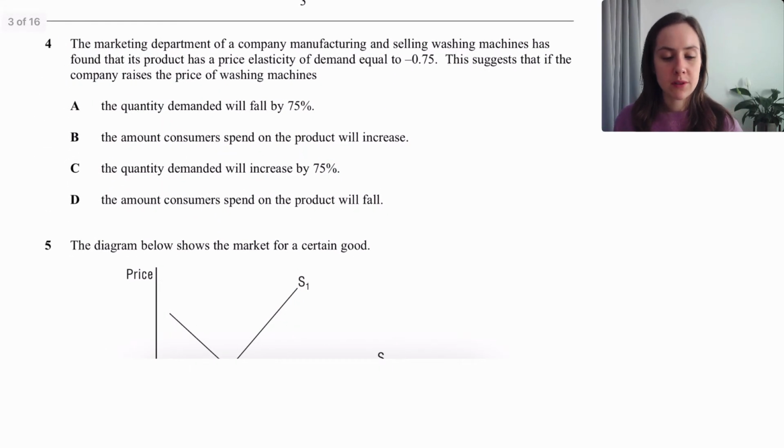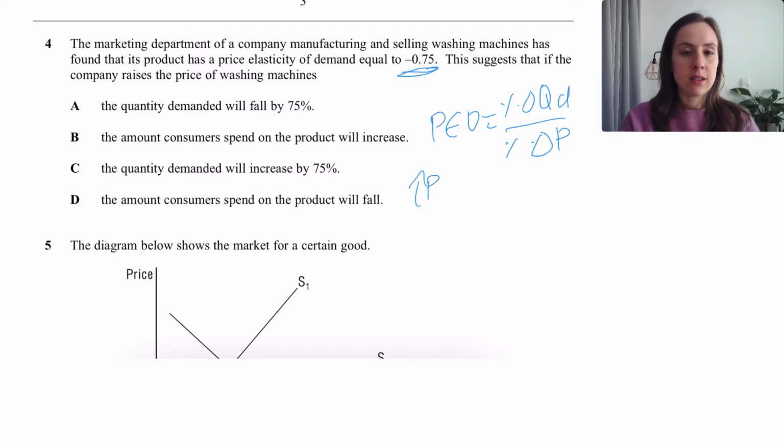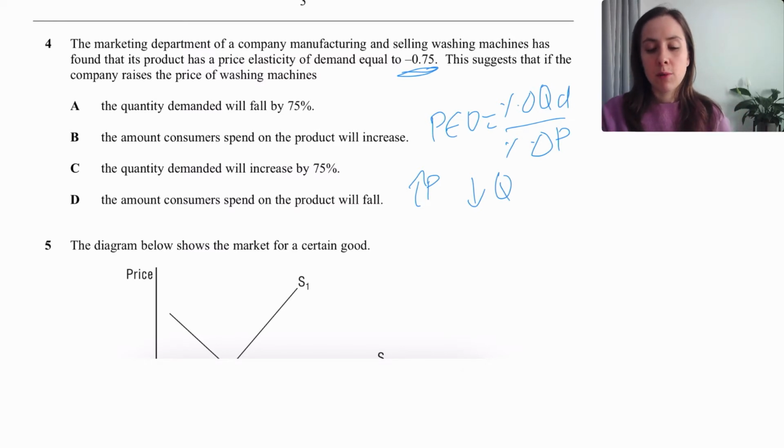Marketing department, we have PED, percentage change in quantity demanded over percentage change in price. Note that it's inelastic. So if the price increases, we expect the quantity to fall because people still have limited incomes and stuff. We expect that to fall by a smaller percentage.